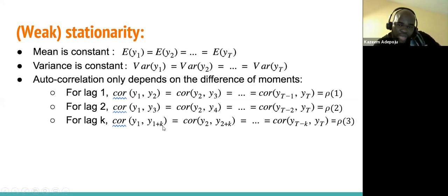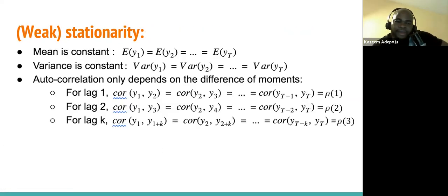You can do K plus 1 minus 1, which is actually going to be K. So for lag K, sorry, this was a mistake. It shouldn't be 3, it should be K. Because for lag 3, I'm supposed to have the correlation between Y1 and Y4, Y2 and Y5, and so on.